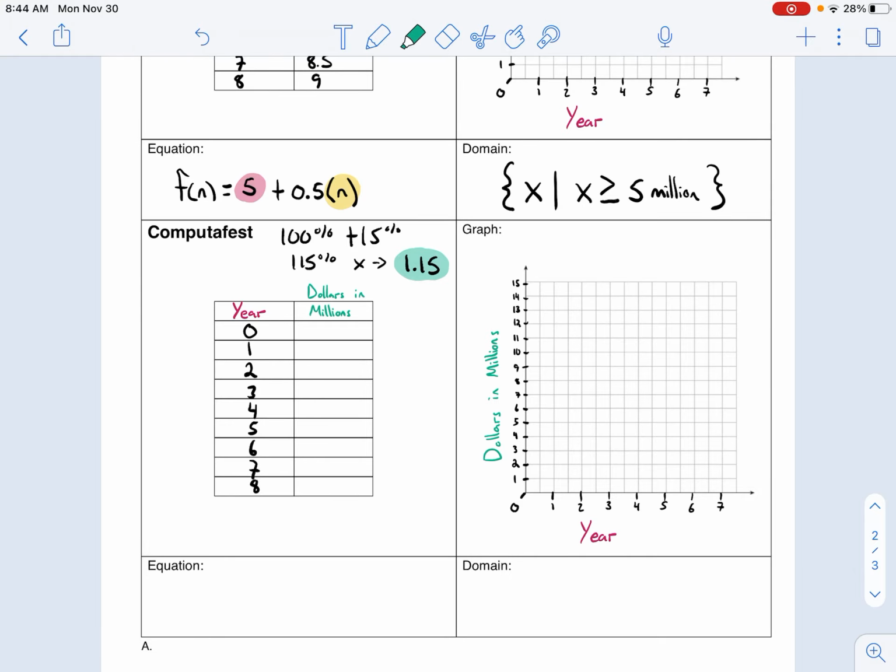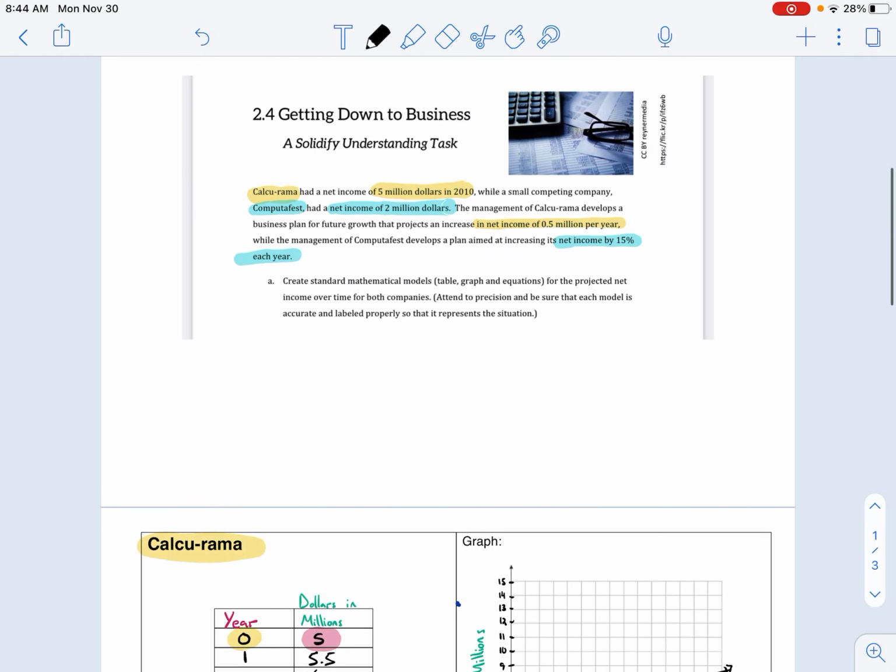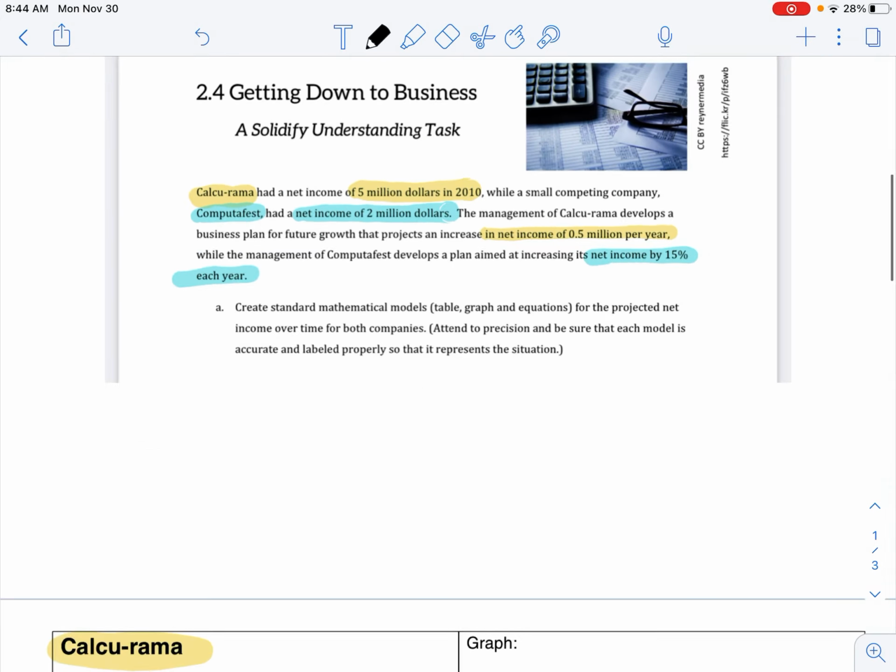Our start value for Computafest was $2 million.